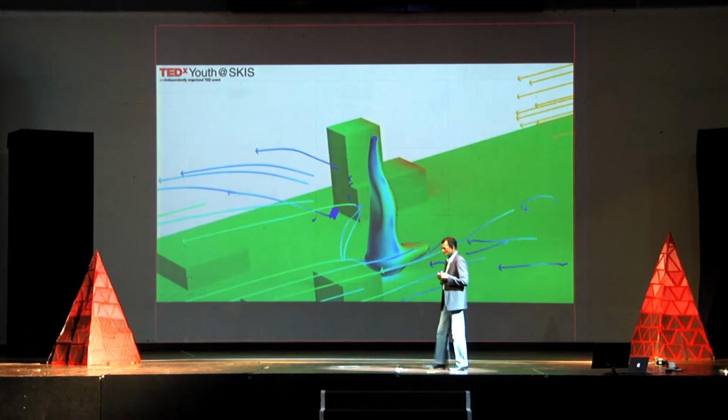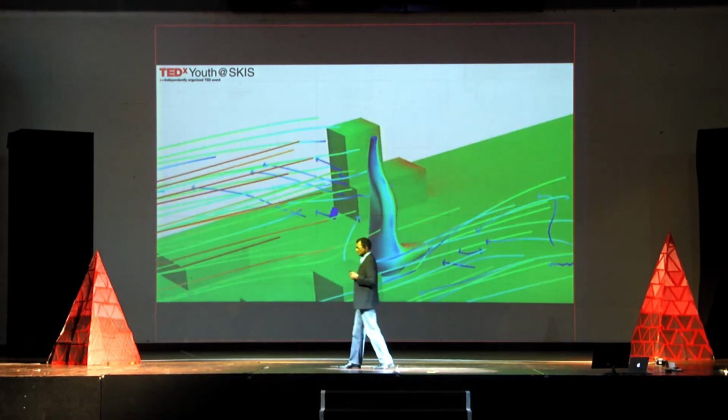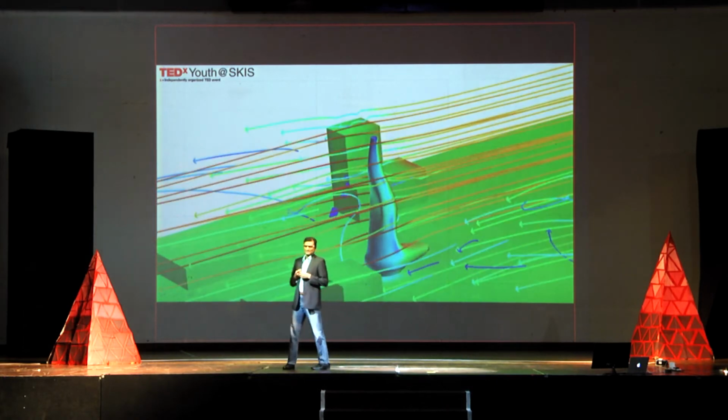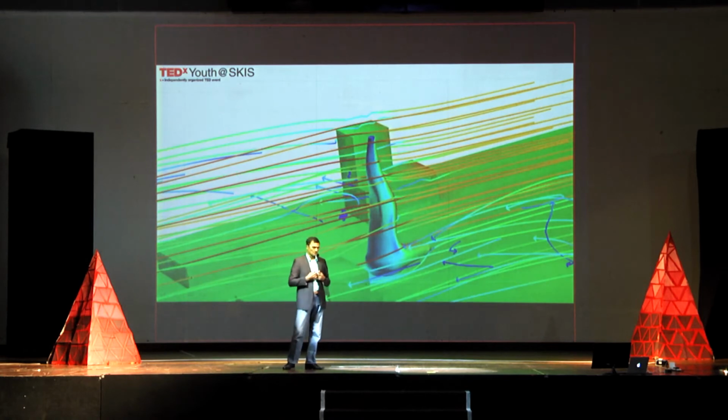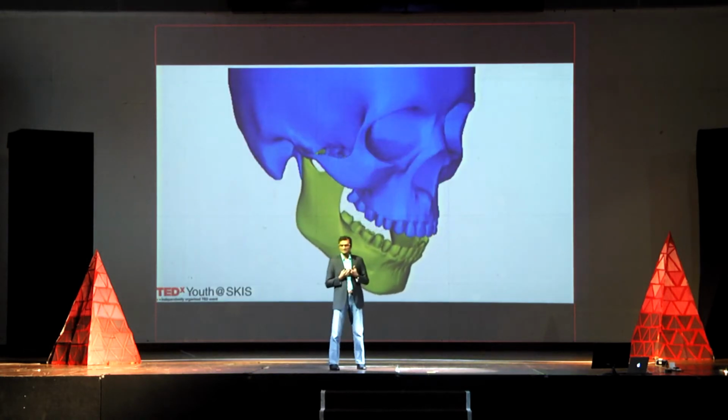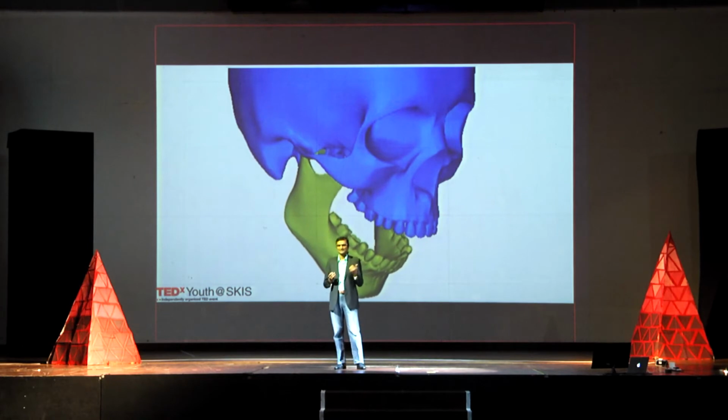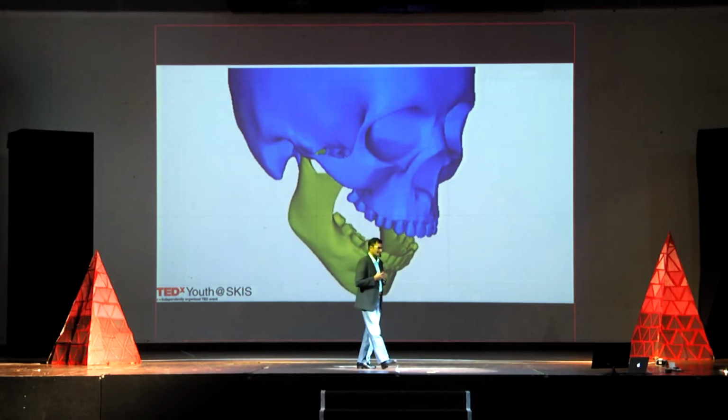So, like the brain that we just saw, you can simulate the other parts of your body, or your digital twin can be subjected to various simulations before deciding the cure.